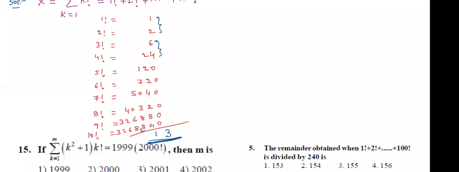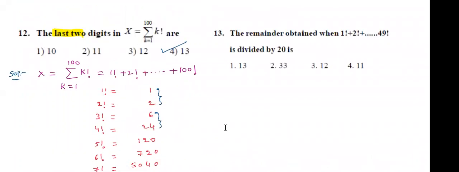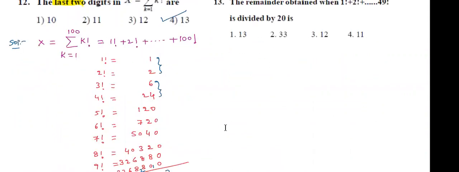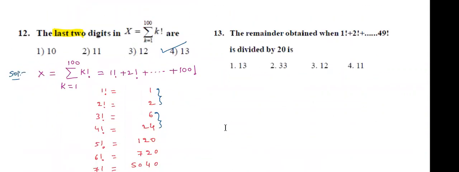And if you go to 20, 30, 40, the zeros increase, in the hundreds place also you will get zeros only. So that's why I have written up to 10 factorial only. Adding the ones and tens places, you get 13 as the last two digits. Okay. Now I'm going to the 13th question.